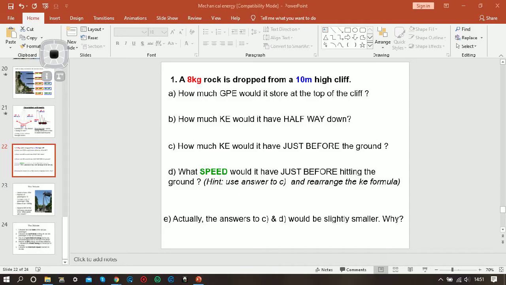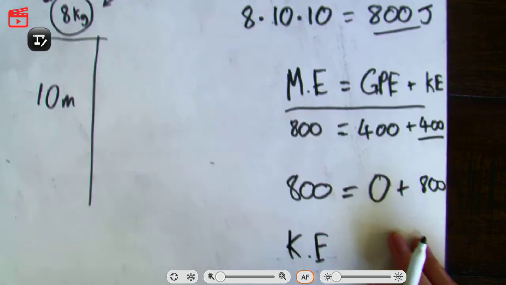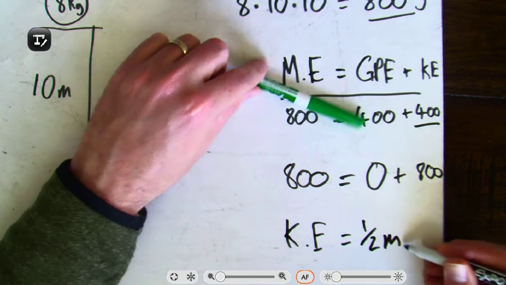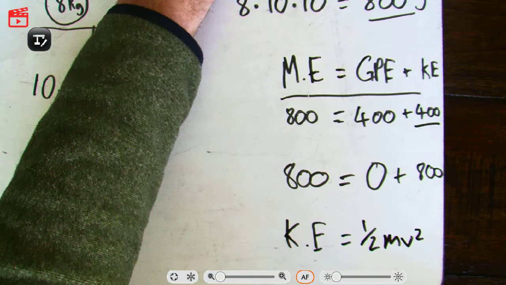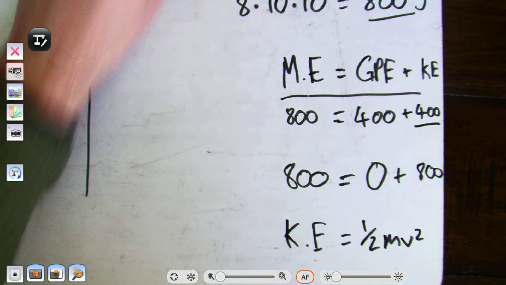And then D, what speed would it have just before hitting the ground? So we're using our kinetic energy equation. Kinetic energy equals half mv squared. The kinetic energy just before it hits the ground was 800.